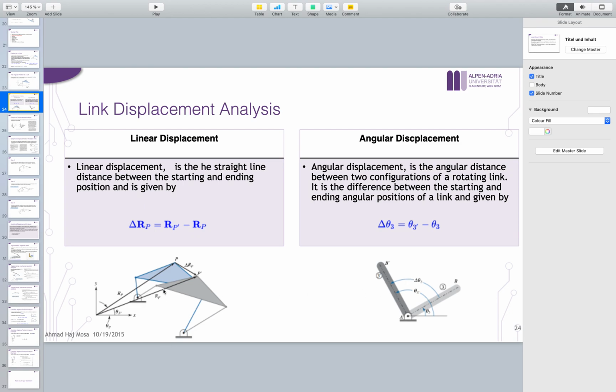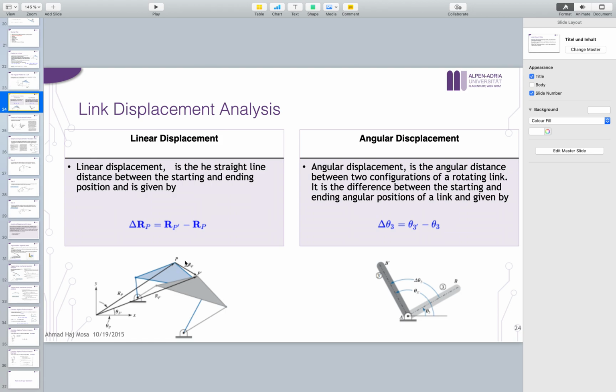Now let's first talk about the linear displacement. It is a physical quantity, and also a vector, and this vector is represented here by delta r_P, a vector between P and P prime, so it's coming from P to P prime.